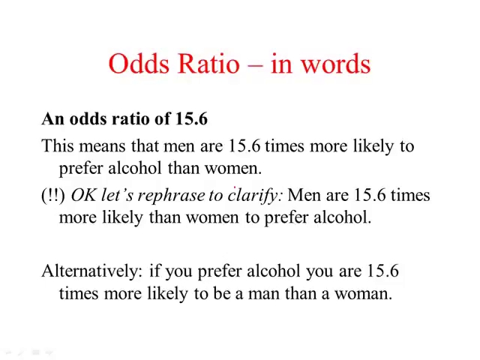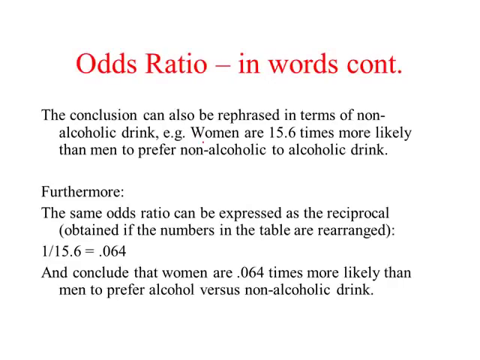And alternatively, if somebody prefers alcohol, then they're 15.6 times more likely to be a man than a woman. This is also a symmetrical relationship, so we can also phrase it the other way around. Women are 15.6 times more likely to prefer non-alcoholic beverages than men are.